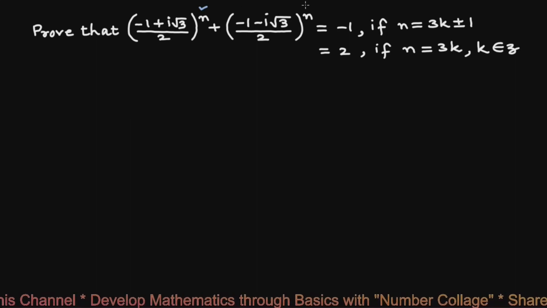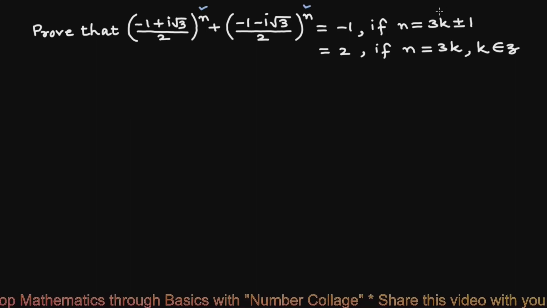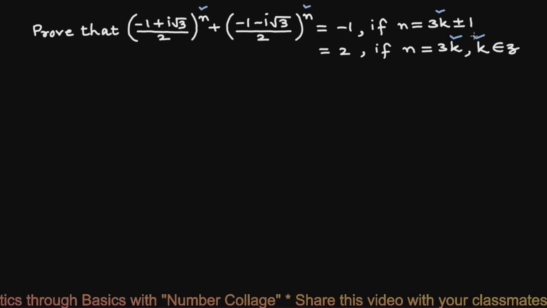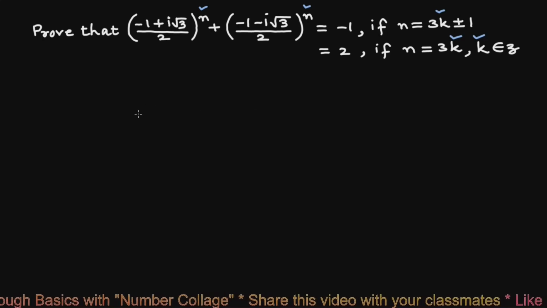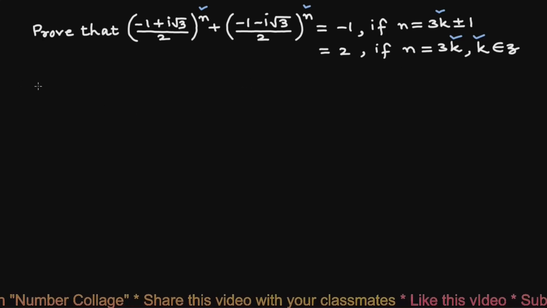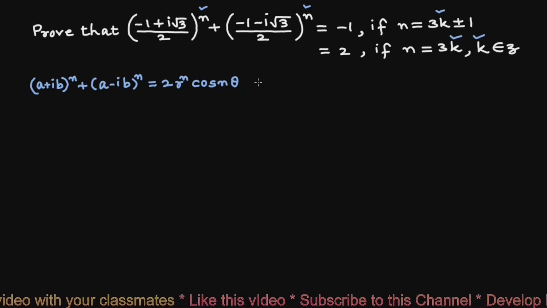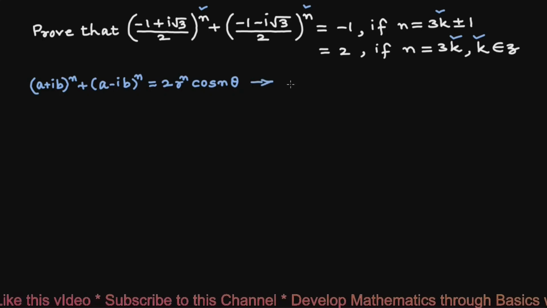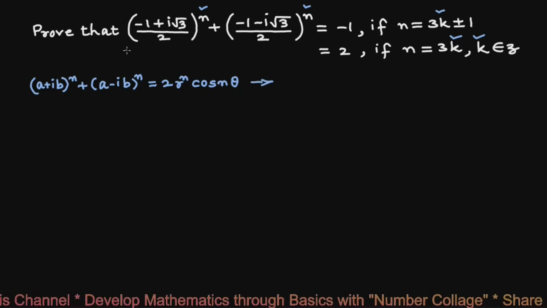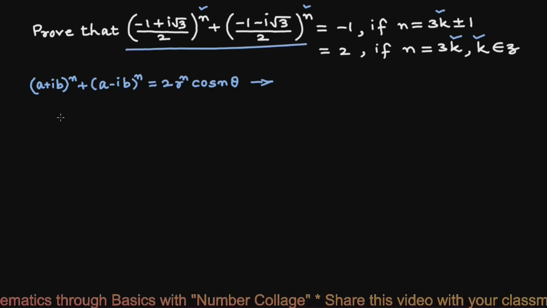Here, since the value of n, which is a rational number, and the value of k, which is an integer, is not specified, we will not use the result which we have proved directly, in order to avoid confusion with the signs. So we will prove this directly.